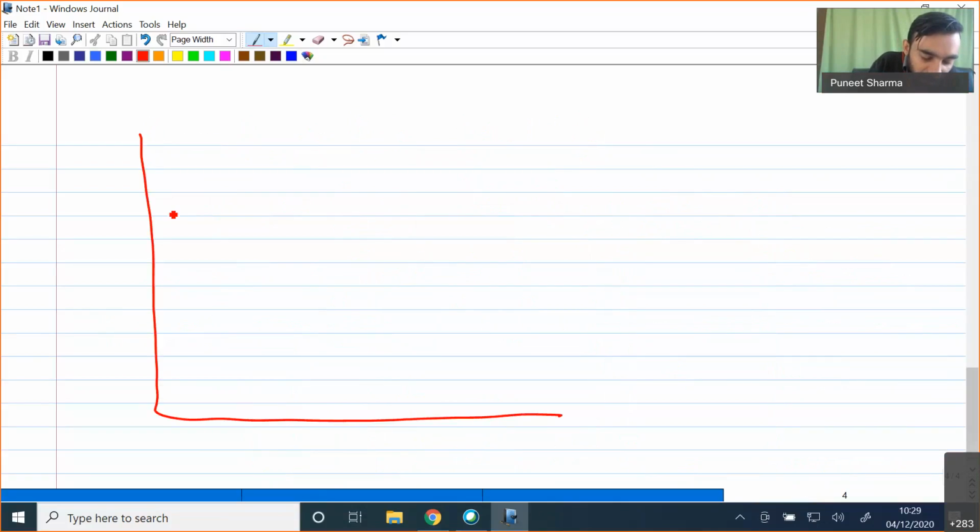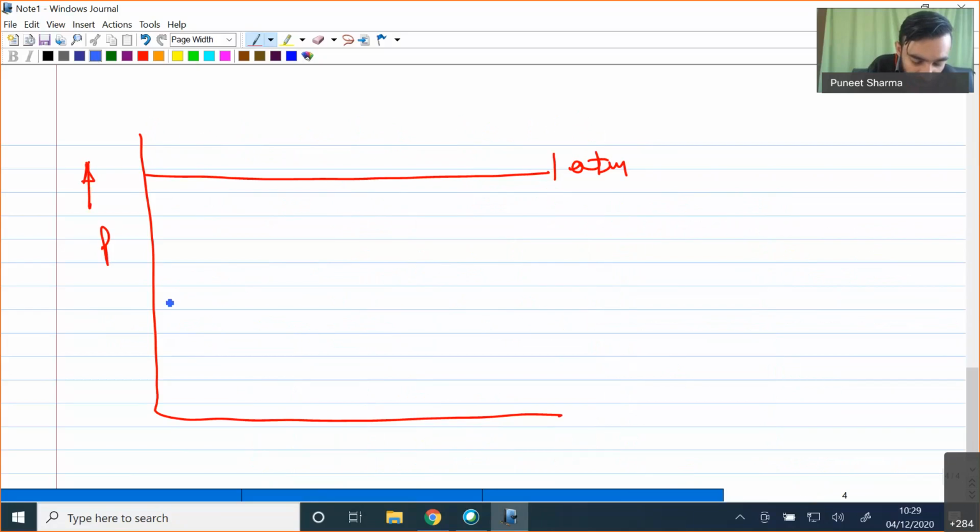Here this line I have considered as 1 atm, and this is my pressure over here. Positive pressure, as I have already told you, is when our pressure is above atmospheric, and if our pressure is below atmospheric, we normally call that negative pressure, or sometimes vacuum.